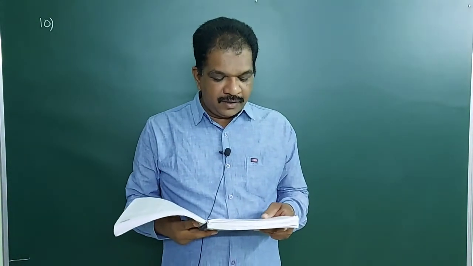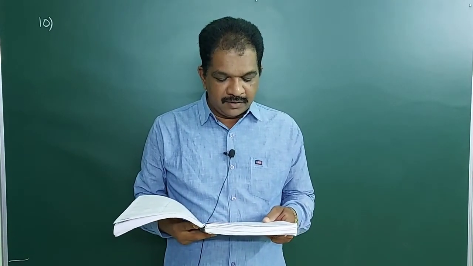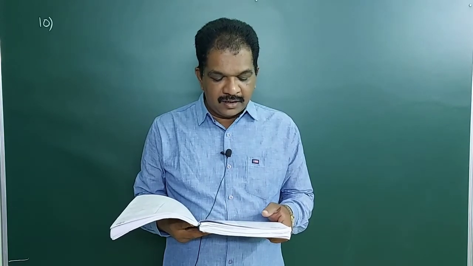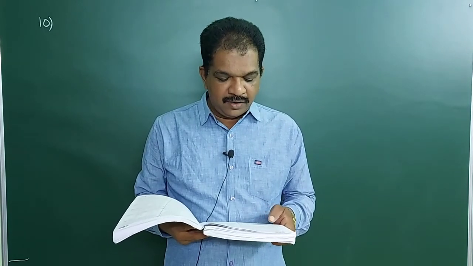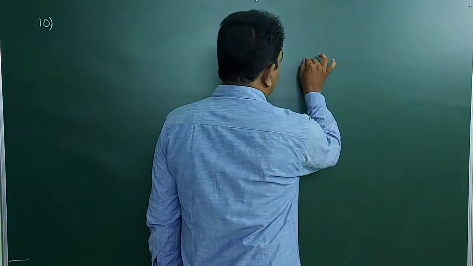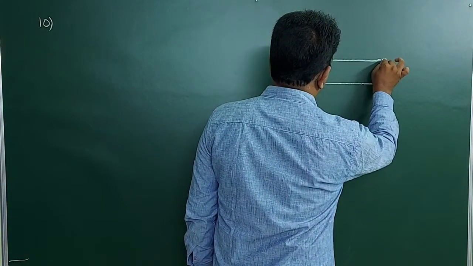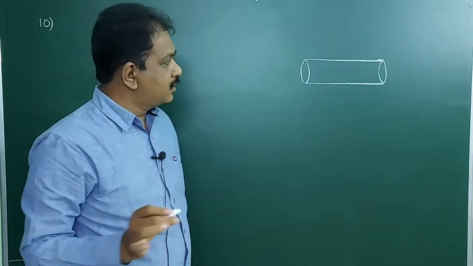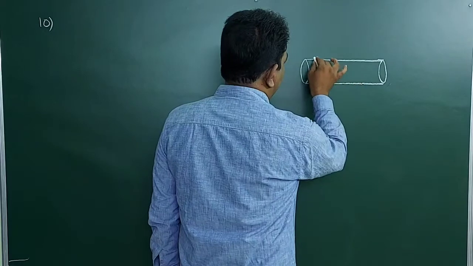Solid cylinder of radius R made of a material of thermal conductivity K1 is surrounded by a cylindrical shell of inner radius R and outer radius 2R made of a material of thermal conductivity K2. Here one solid cylinder is there, its radius is R, made with a material having thermal conductivity K1.